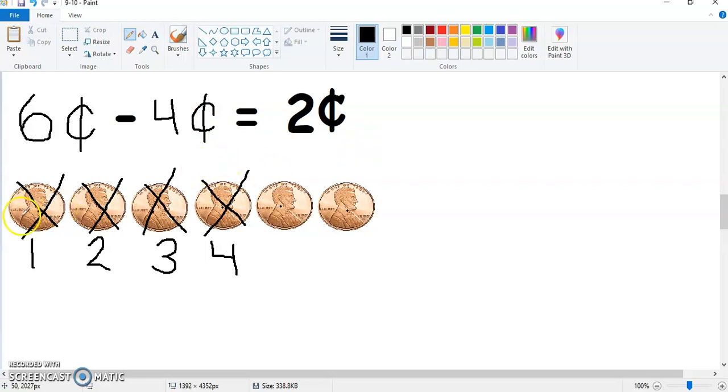Let's make sure that makes sense. That was funny because I said cents, but it's different. I hope you all are laughing at how funny Miss Morgan is. All right, so we started with 6 cents. Yep, we did. We took away 4 cents. Yep, we did. And we are left over with 2 cents. Yes, we are. That looks perfect.